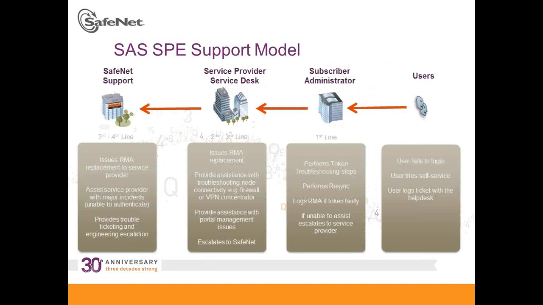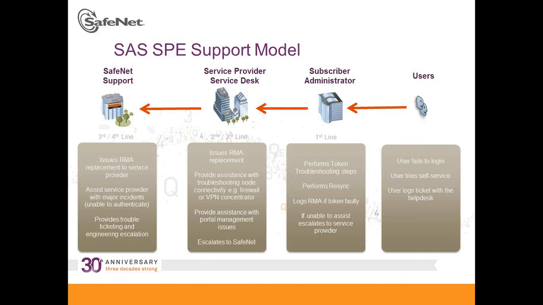The standard support model, when we talk about SAS for service providers, is that the users of the service provider would go to their first line support, which would be their subscriber or their administrator. Users usually go to their first line support if the user fails login, user fails on self-service, or wants to create a ticket with their own help desk.